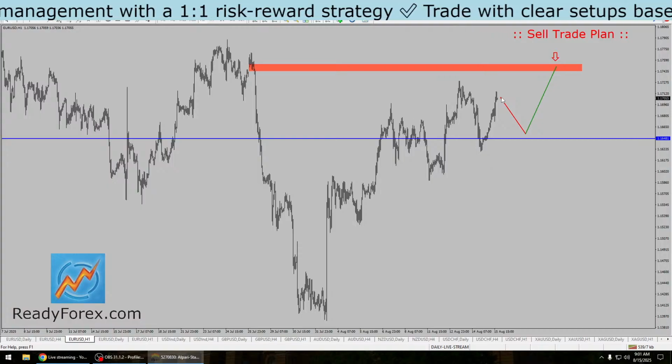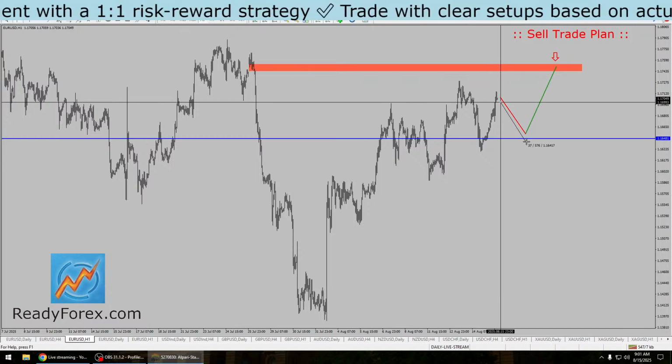Okay, so euro USD currency pair, the way I see market is probably going to drop first.